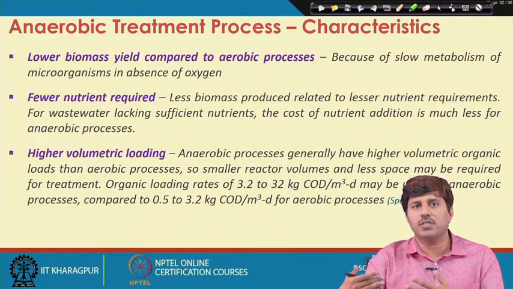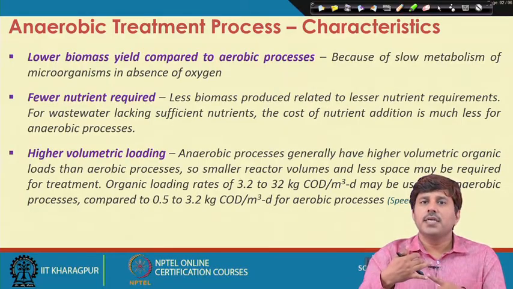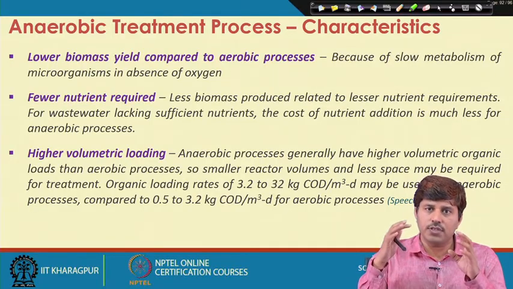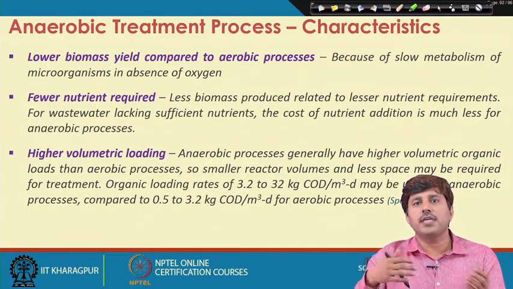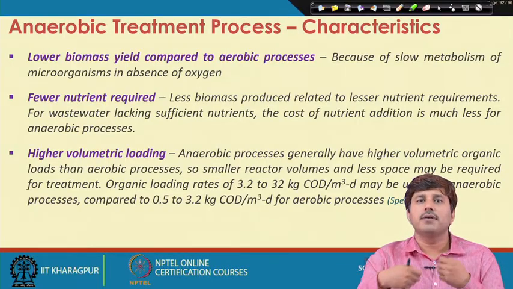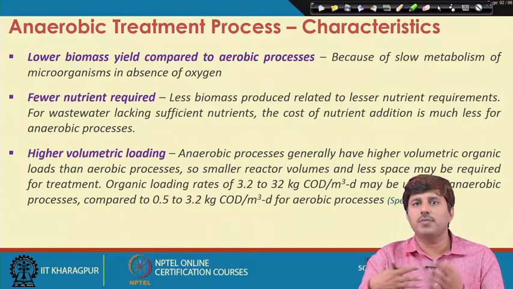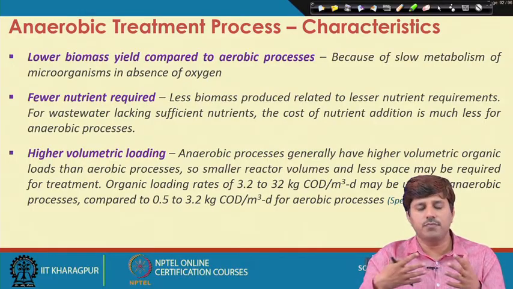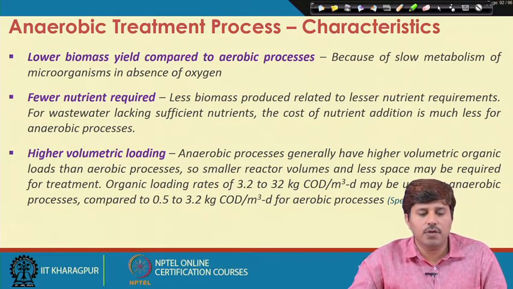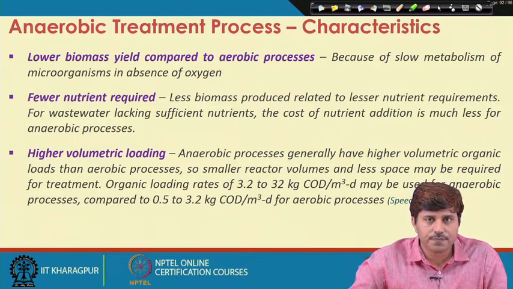But at the same time, if there is already nutrient present in the system, an aerobic process can remove some of the nutrient because they assimilate it into the cell mass, but in an anaerobic system the nutrient removal is not too much because of the less biomass produced in the first place.